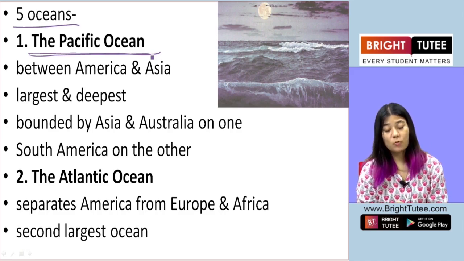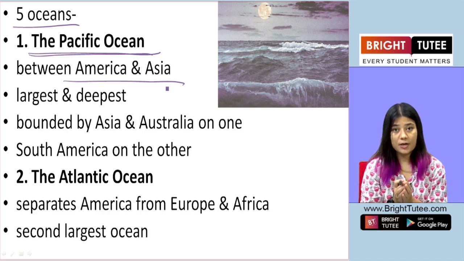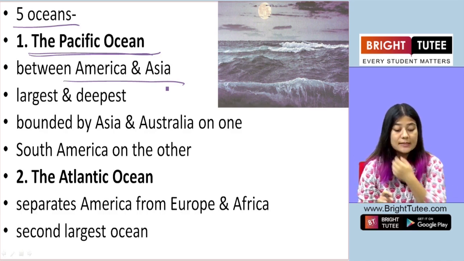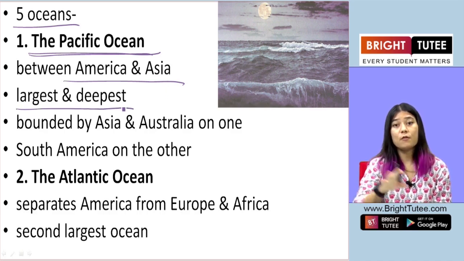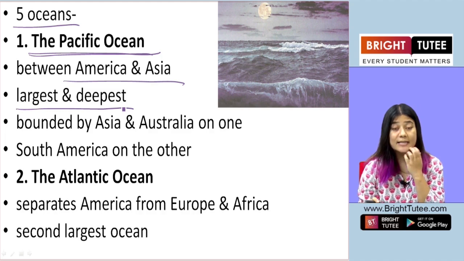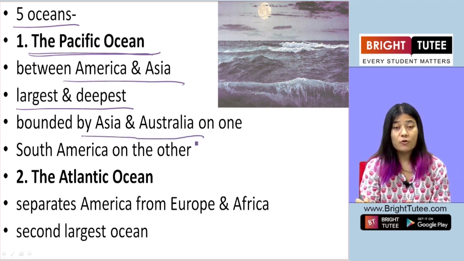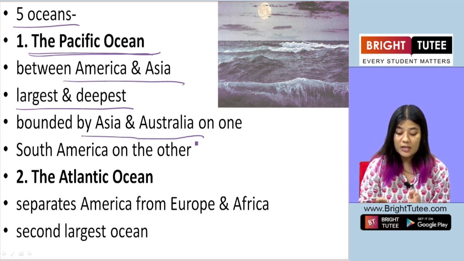Pacific Ocean is located between America and Asia, between the 2 continents. This ocean is the largest and the deepest of all the oceans. It is bounded by Asia and Australia on one side and South America on the other side.